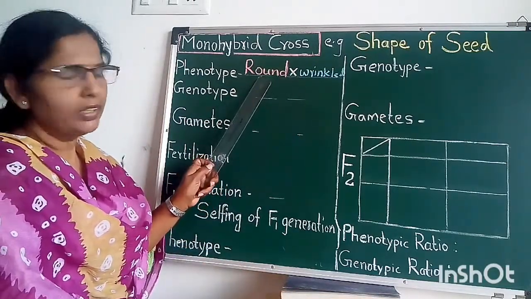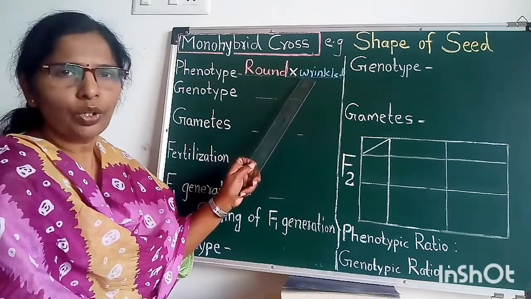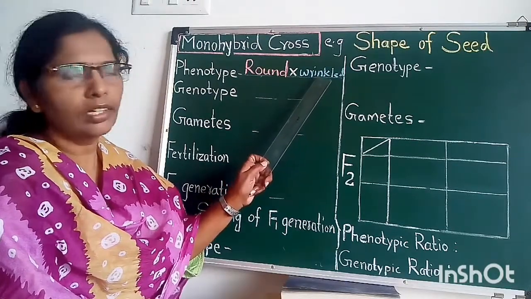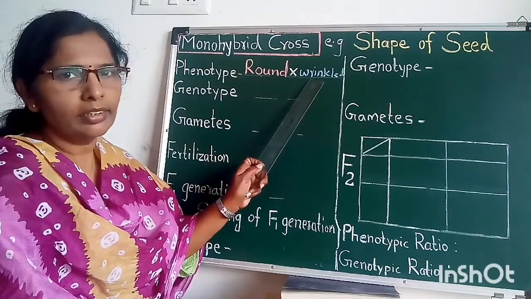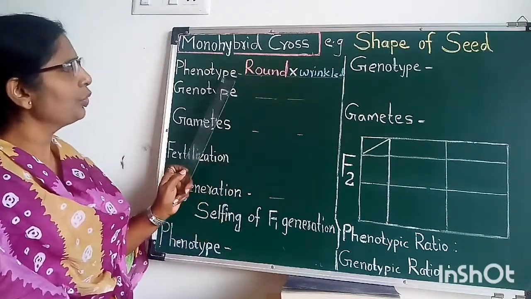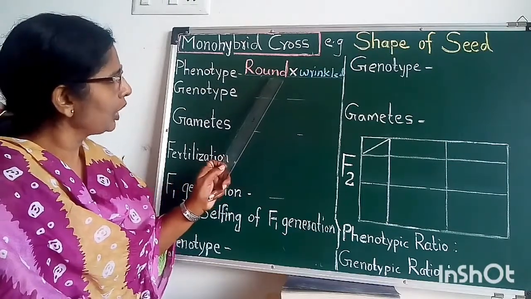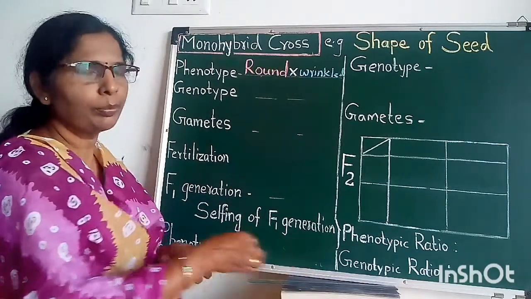So these are the parents that are crossed. One of the plants, having a round shape of seed, is crossed with another pea plant having a wrinkled shape of seed. Round and wrinkled, these are the phenotypes of the parents. Then we have to mention the genotype of the parent.